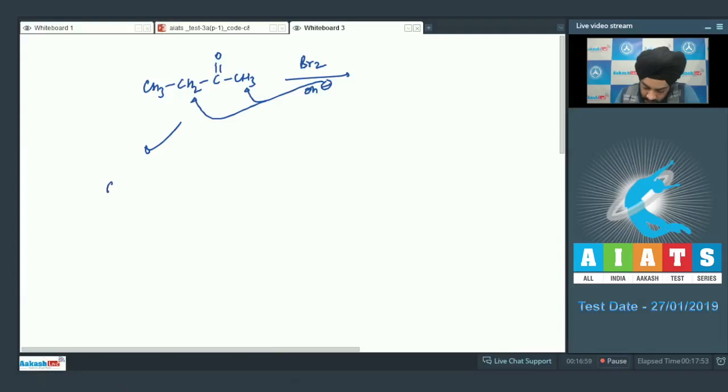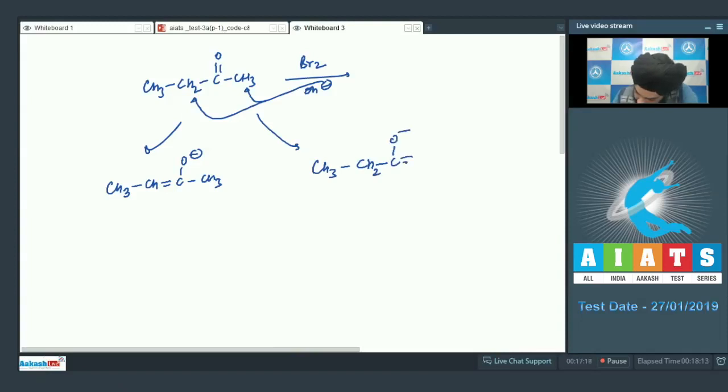We're going to have the formation of enolates again. And if the attack happens on the carbon at the right, we're going to have the formation of this enolate ion. Now, these two hydrogens indicated are almost equally reactive to the attack of the nucleophile.